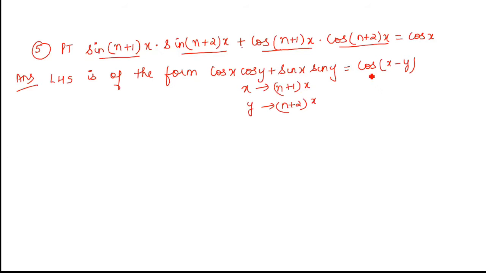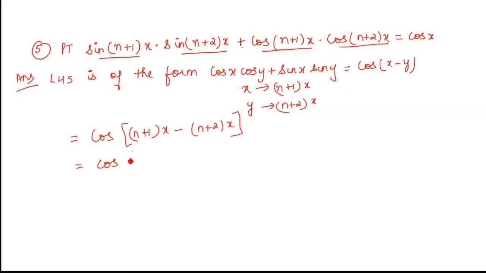So just substitute. Therefore LHS is cos. In place of x write (n plus 1) into x, minus, in place of y write (n plus 2) into x. Now what should I do? Open the bracket carefully.